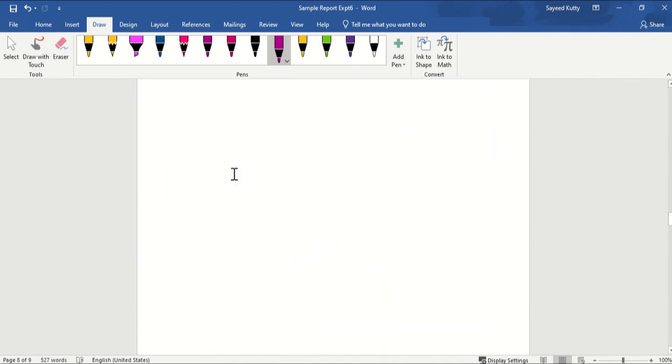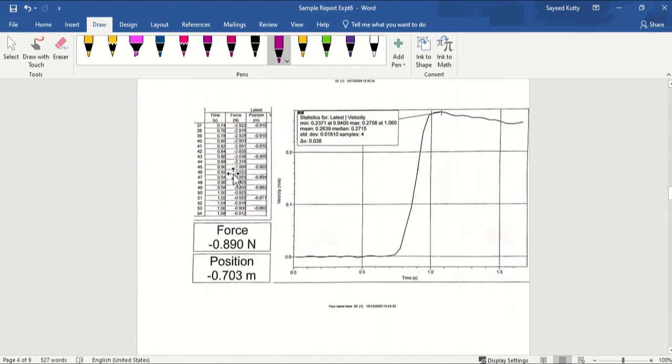So this is the graph, and from this, that velocity is the maximum value. The mean value of the maximum is 0.2639 meter per second. And we know that the mass of the glider is 500 gram or 0.5 kilogram, right?